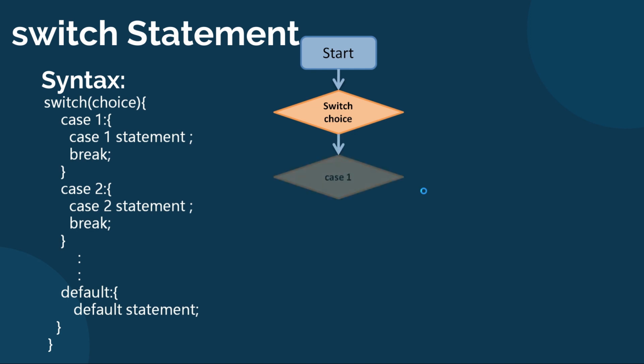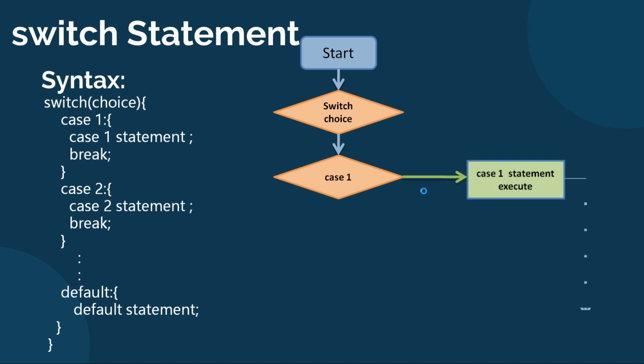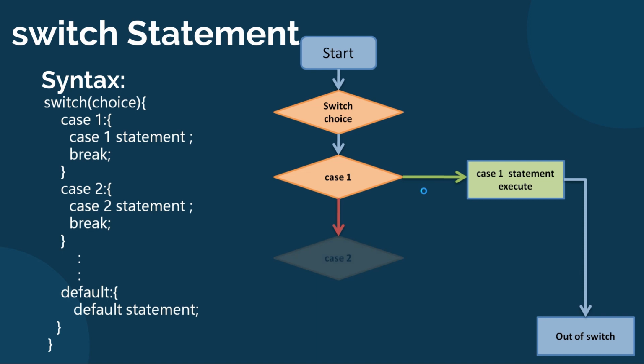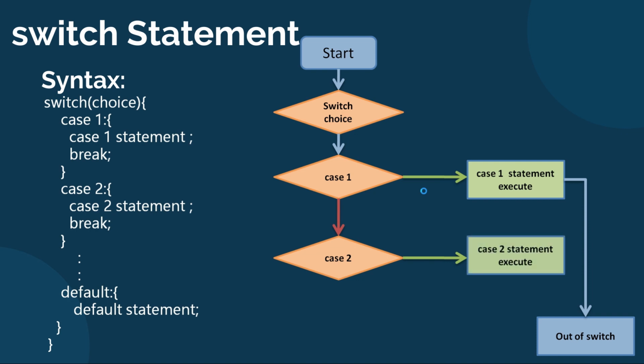Then it will go and check the first case block. Now if case 1 is true then it will execute the case 1 statements, and it will come out of the switch block. If that case 1 is false, then it will go on to the next case, that is case 2. And if case 2 is true, then it will go and execute all the statements in case 2 and come out of the switch.